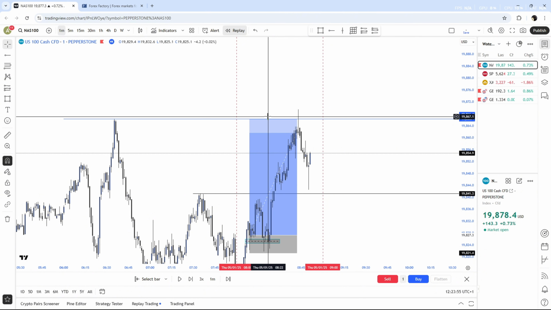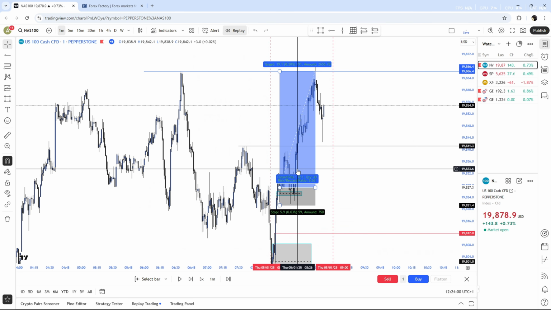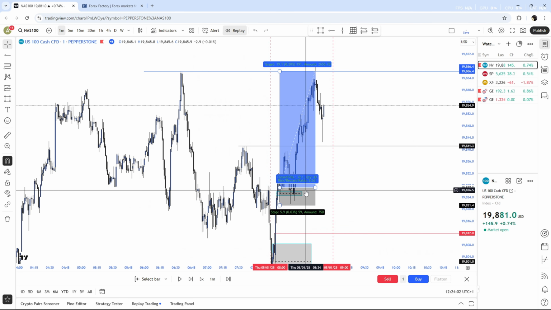And the second take profit got hit as well. 1 to 6.63 risk to reward ratio. This was a very good trade.